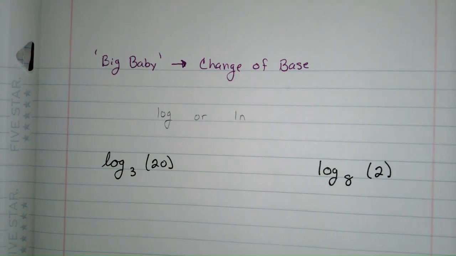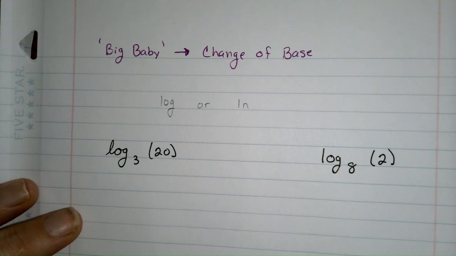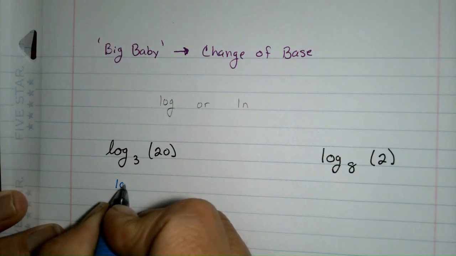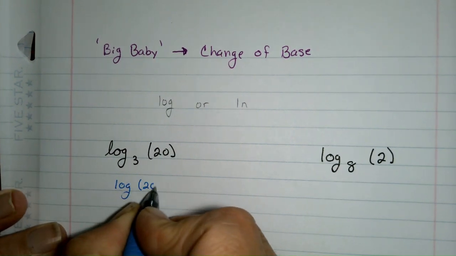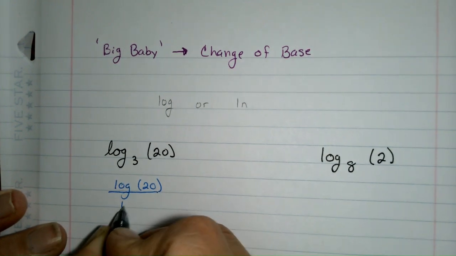So we have the change of base rule, and there are multiple ways we could do it, but using basic keys, we would type log of 20 divided by log of 3.